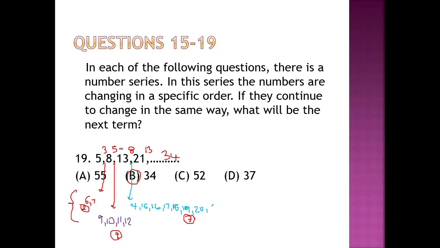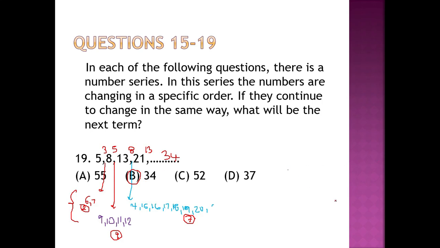So using the same principle, I added the 5 to the 8 and got 13. The difference between 34 and 21 is 13, so this is my answer, right? And this is a pattern, so I can defend it. I hope you are able to see clearly and understand how I arrived at this answer.